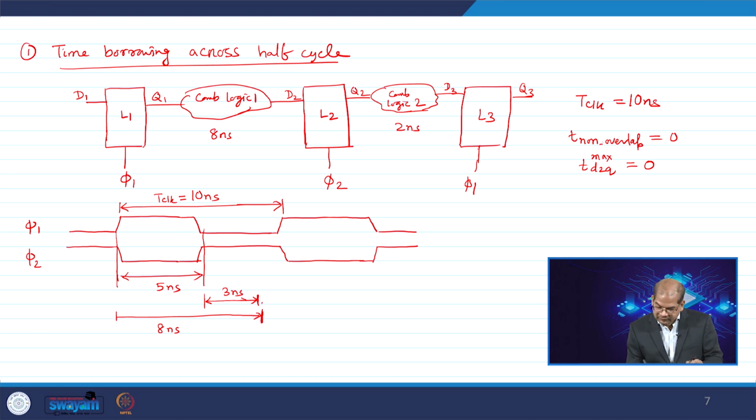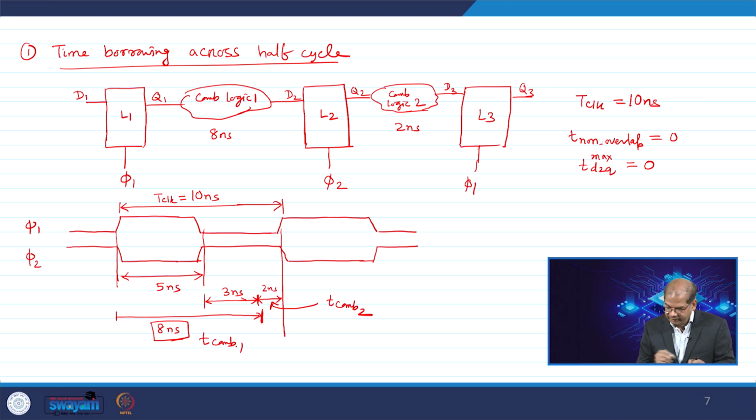Now after that, this is 2 nanosecond which is basically responsible for T combinational 2, and this is the delay of T combinational 1. So if you can see, your time is borrowed across half cycle, but your data is stable before the rising edge of the latch 3.